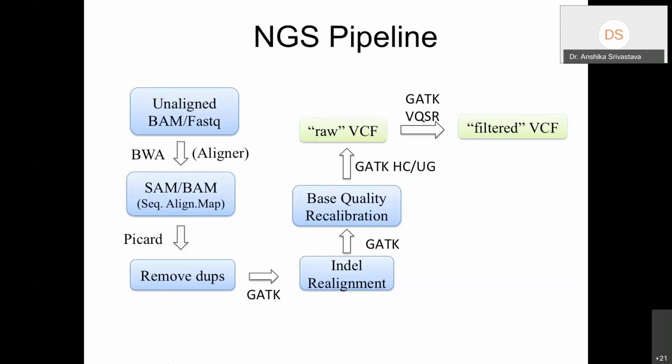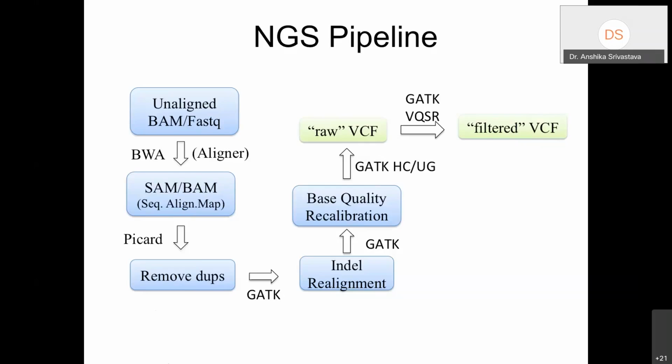Then you map to the reference genome, then you remove the duplicates. These duplicates were created during library preparation, adapter and linker addition, and everything during the library construction.